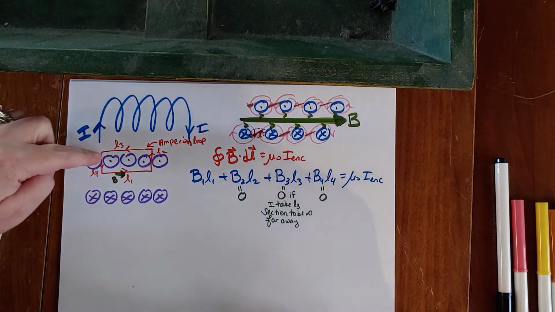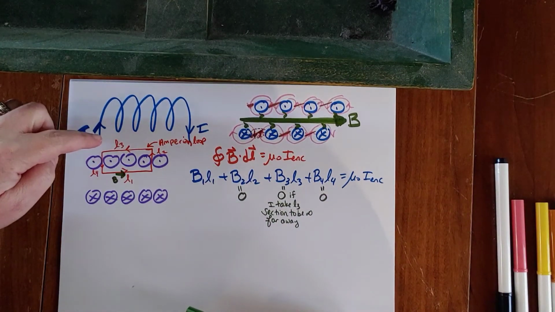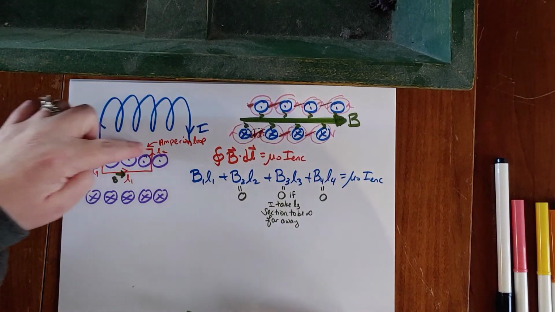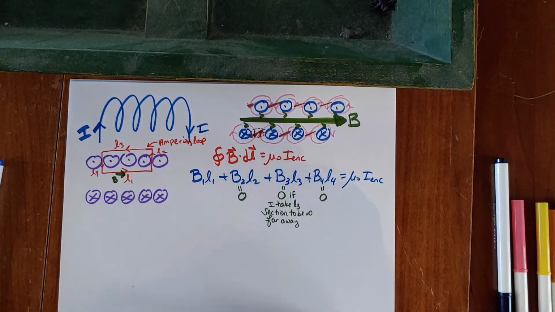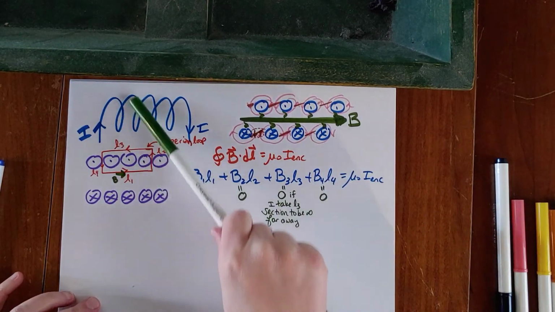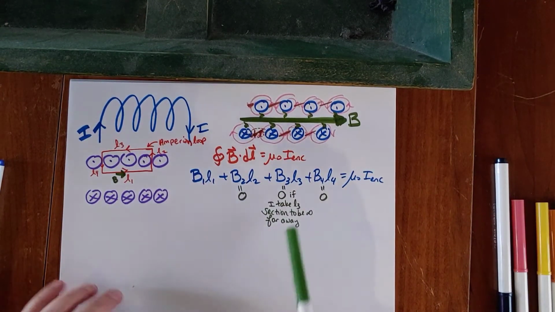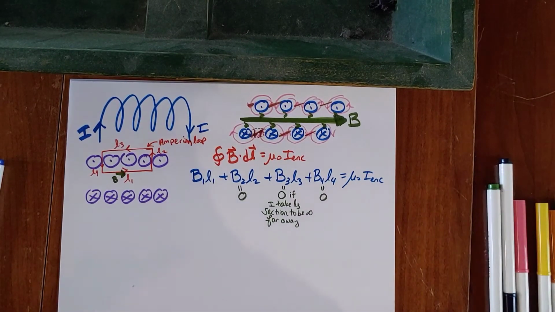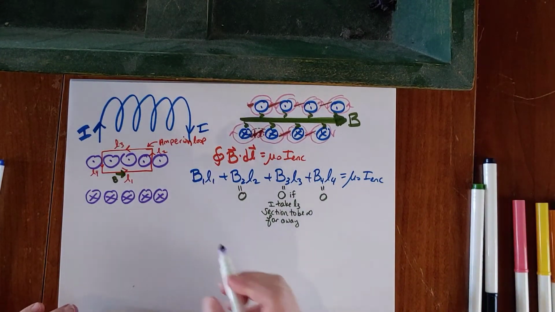Okay? So I want you to imagine this thing all the way away, right? The B field is 0. Okay? If you go really far away. Cool. So that's lovely. We're looking pretty good now.